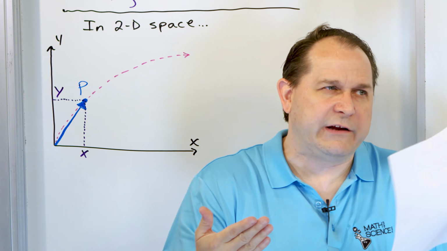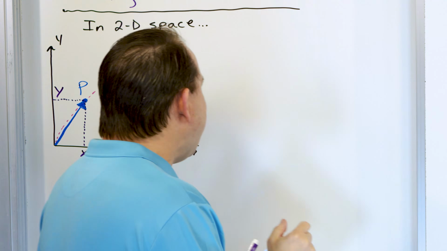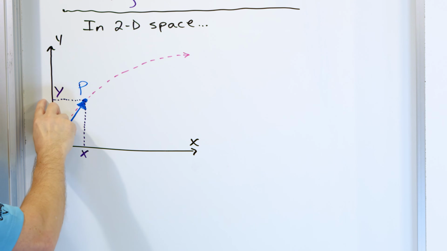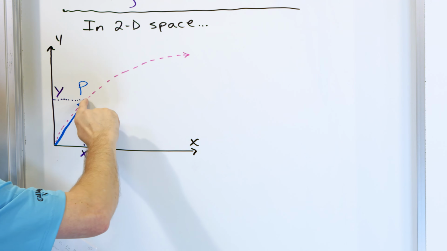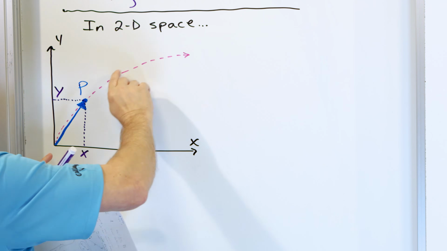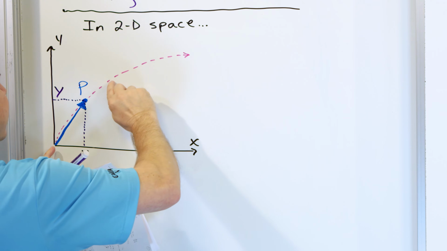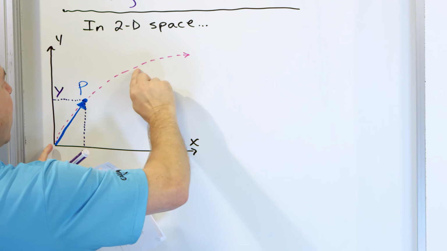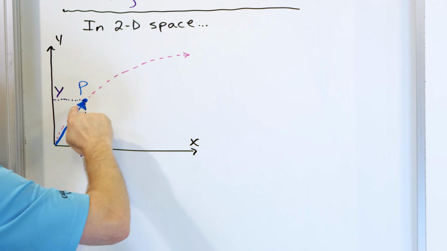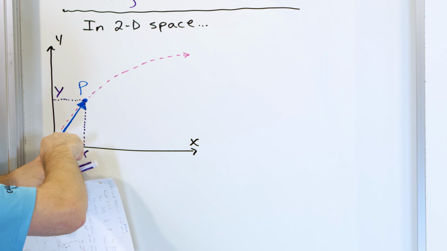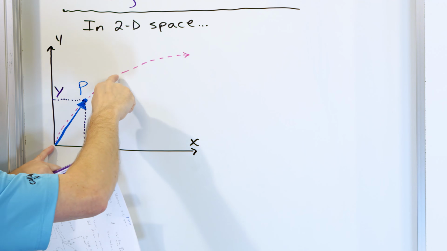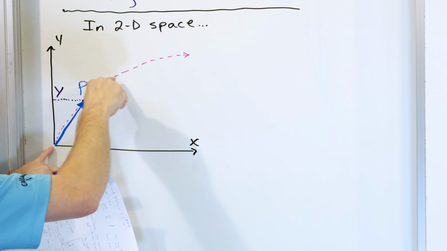The X coordinate will change and the Y coordinate will change. And if we bookkeep the X and Y coordinate as a coordinate pair, where the point here forms the tip of an arrow, then as the ball flies, the arrow lengthens and basically traces out a longer arrow as the path goes. So for instance, if the ball ends up here, then the new position vector will go straight to the origin to this place. If the ball is here, the tip of the arrow will go right here.